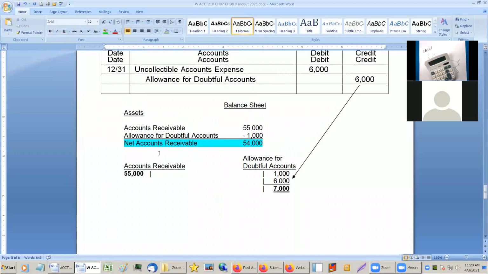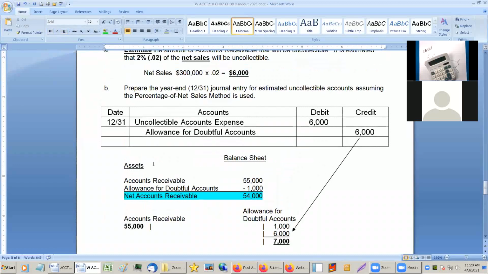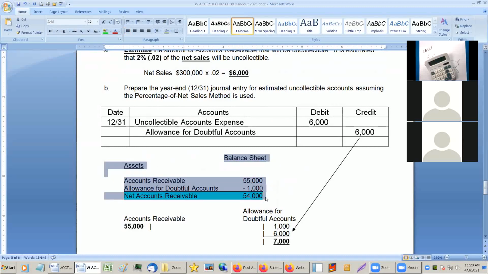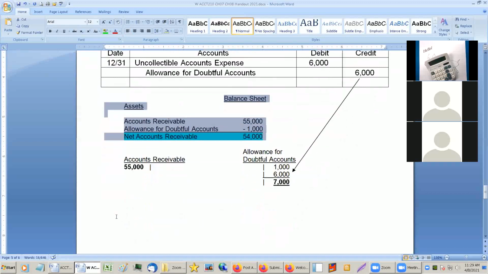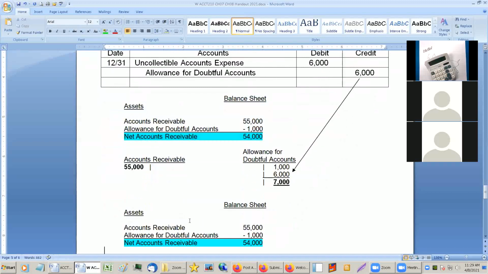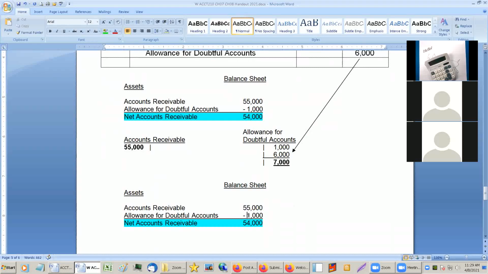Okay, so if we were to do the balance sheet after we did this, you guys would probably guess this would be 7,000. And what's 55 minus 48? So it would be 48,000.